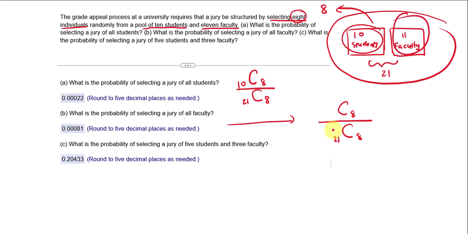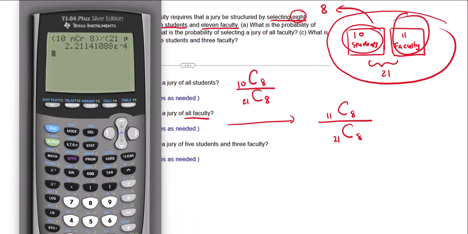Okay, we only want all of them to be faculty. So we are selecting a group of 8 from 11. We don't want any students. So on the top, it should be 8 from the list of 11 faculty. The order doesn't matter. And then out of the total possible outcome, these 8 people are coming from the list of 21 people.